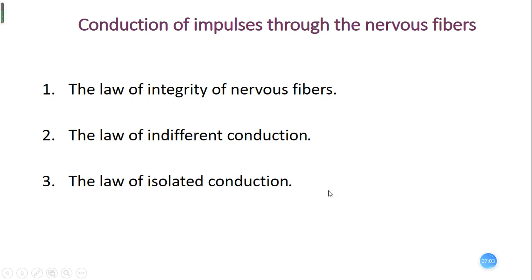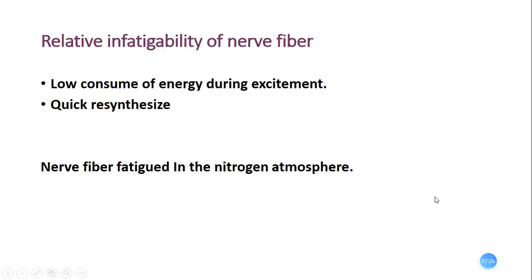Law of isolated conduction: the nerve fiber conducts impulses exclusively and independently, and the excitation or impulses do not diffuse to the next or adjacent nerve fibers. And again here we have the relative infatigability of nerve fiber.